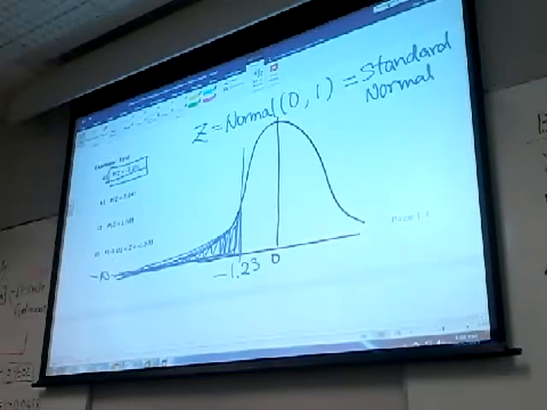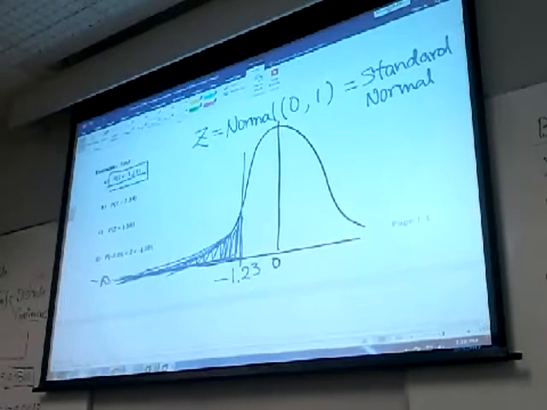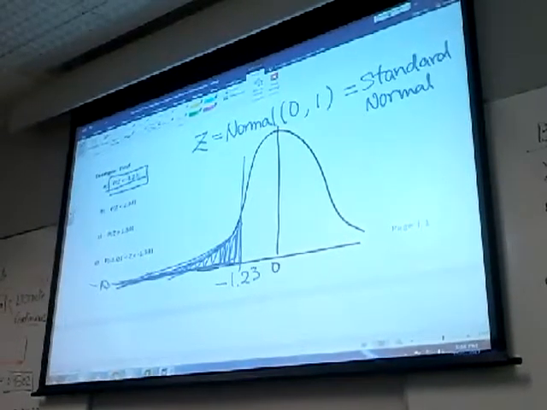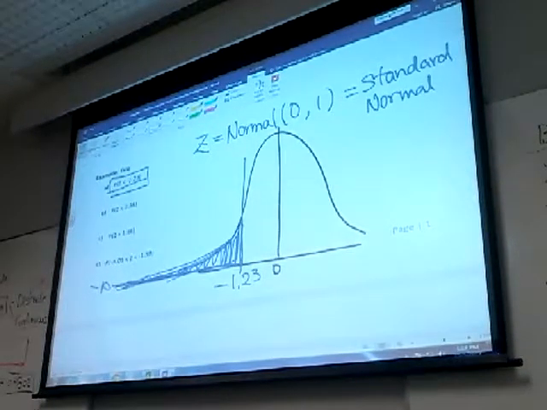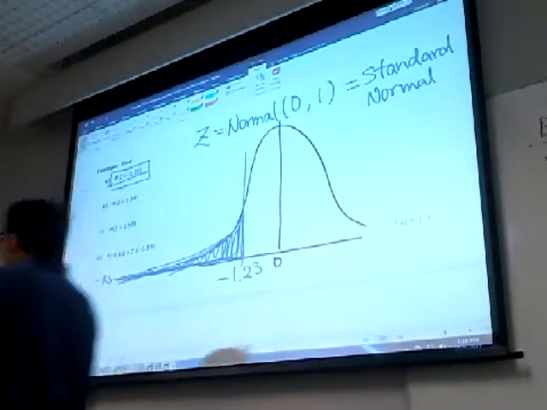So we need the probability. It was the probability function for the Poisson. We have a probability function for the normal distribution. Yeah, why not? Look at this.